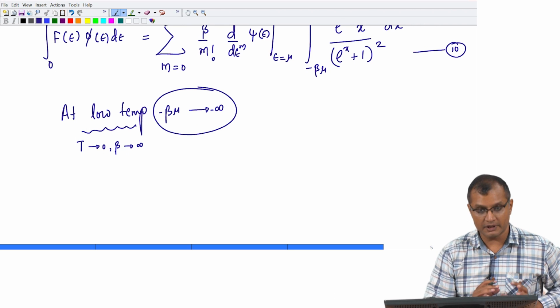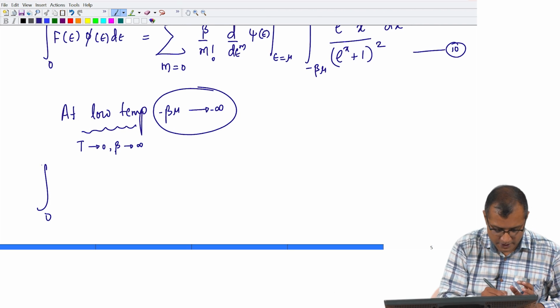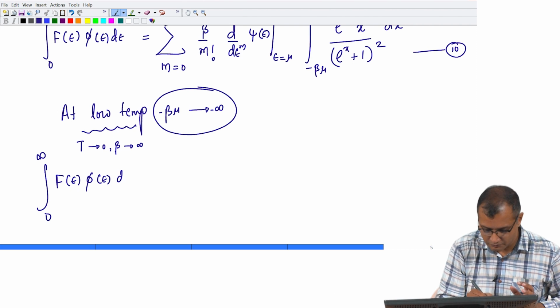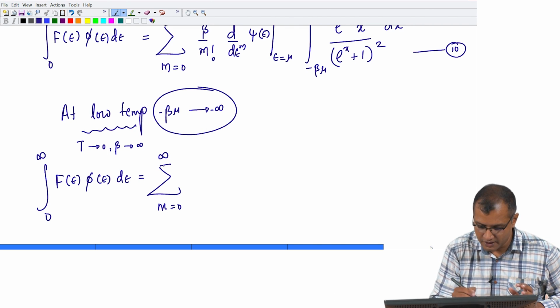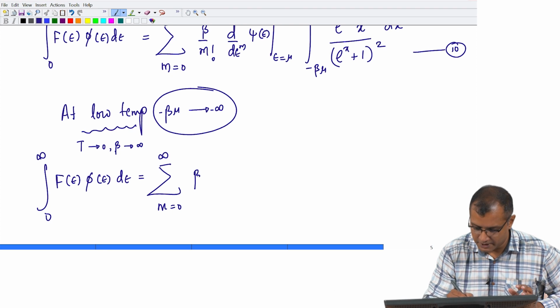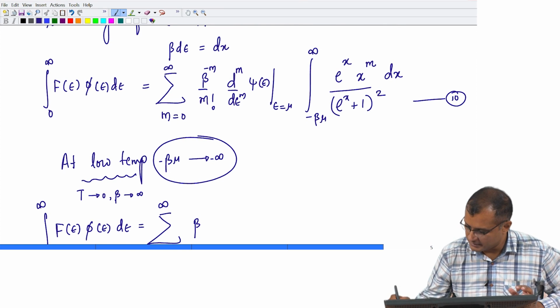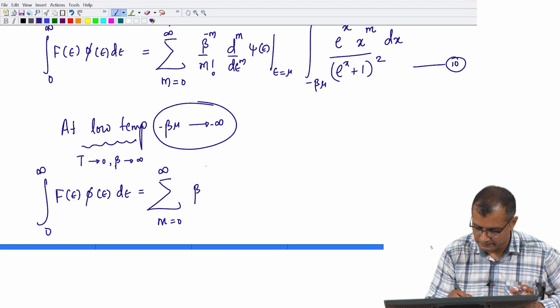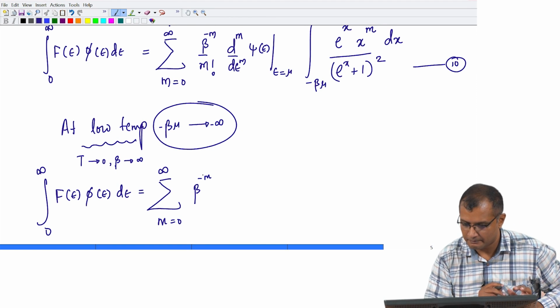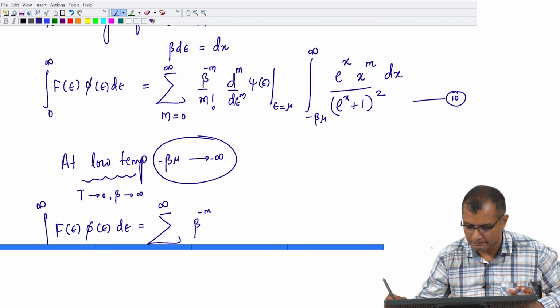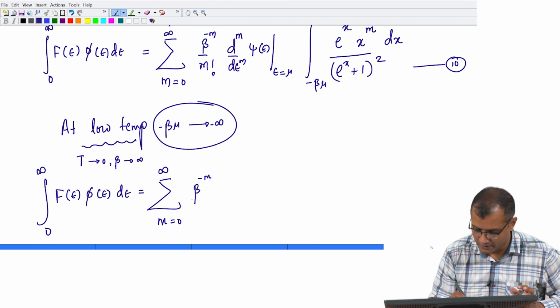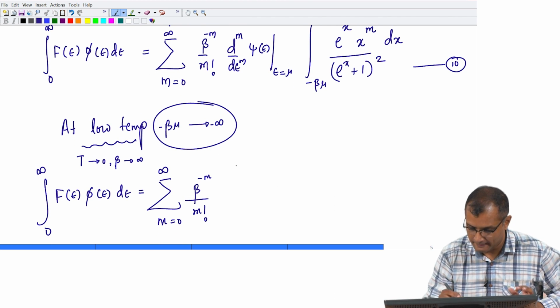So, now in this low temperature limit my integral becomes the summation m going from 0 to infinity beta to the power minus m over factorial m d raised to m over d e to the power m.